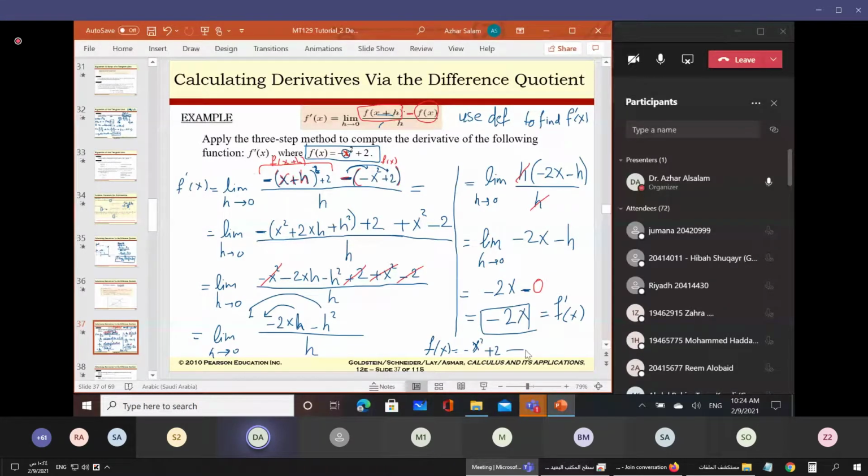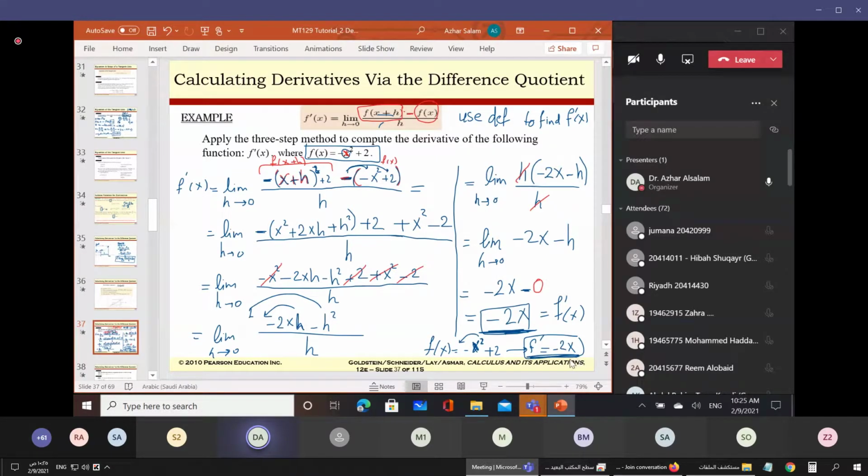When I take the derivative using the power rule, I will just take this 2 down, minus, f dash here. It will be minus 2 multiplied by x to the power 1, which is 2 minus 1. And the derivative of 2 is 0, so this is the derivative. So my result here is true. I used the definition to find the same result as using the power rule.